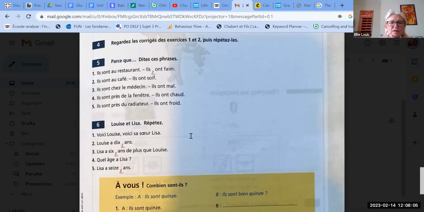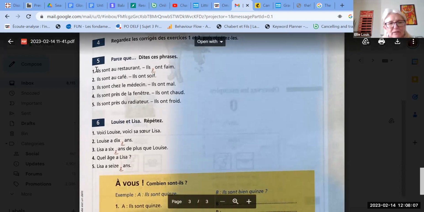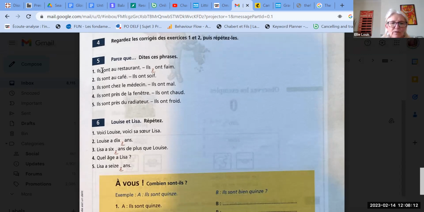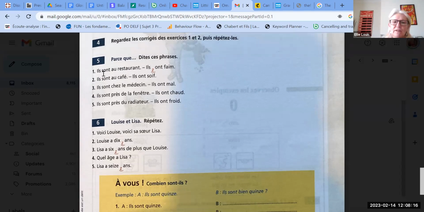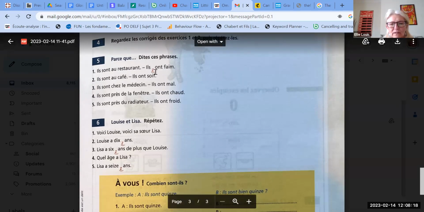I'm quite often asked, what's the difference then between the sound of ils sont and ils ont? The ils sont has got an S flow to it, it's nice and soft. And ils ont has got a Z-iness to it. Because you're actually pronouncing the S as the first word and you're running this through as a liaison.